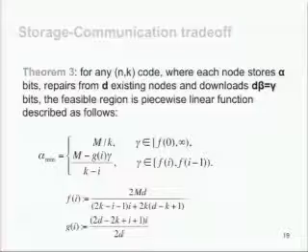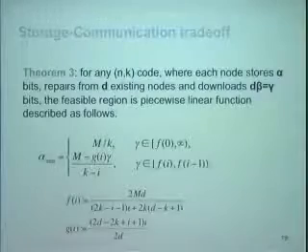And this is the general theorem that I will spare you from the details. The general idea is if you have an n, k code, if you store alpha bits, you connect to D nodes and download D times beta, so beta from each. So D times beta is gamma, that's the total communication. Then there is a crazy formula that describes the trade-off region between communication and storage.